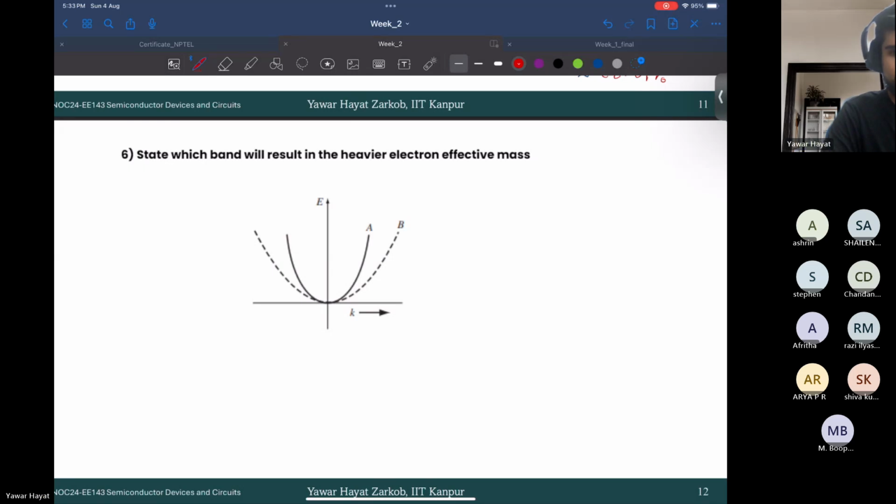No one? You need to answer. This is sort of a binary question, right? Either A or B. Which one? A or B? Which one has the heavier electron effective mass?